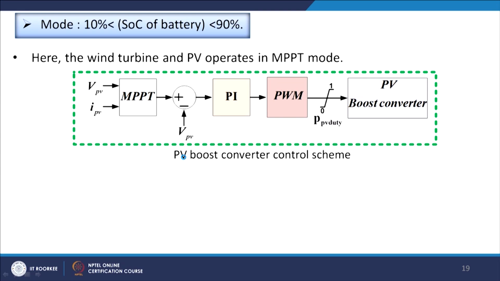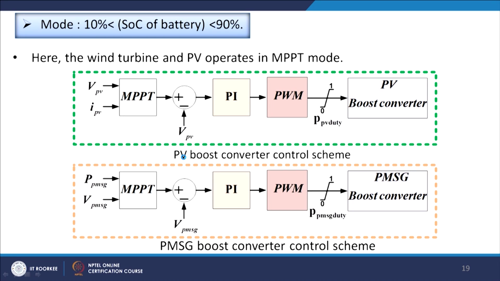Now, when the SOC of the battery is within 10% to 90%, the wind turbine and PV operate in MPPT mode. You could see that both are connected to my DC grid and operate at MPPT, and this is for my permanent magnet synchronous generator wind turbine, and this is for my PV generators.